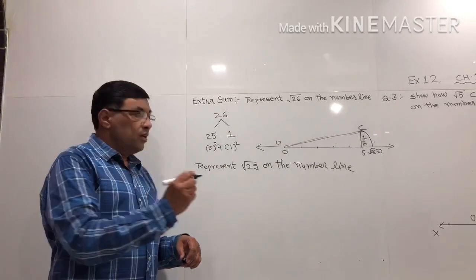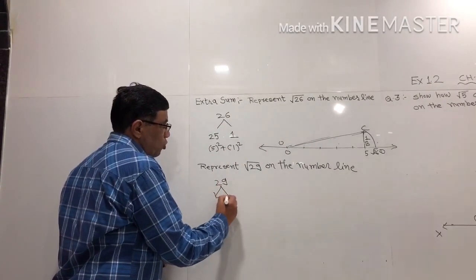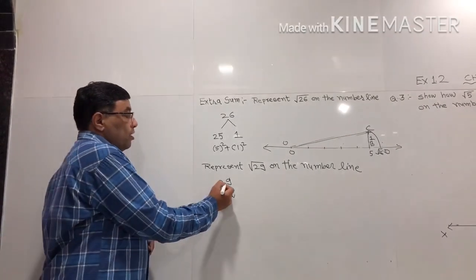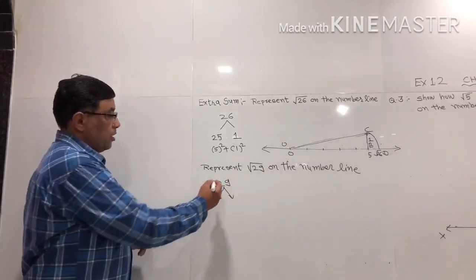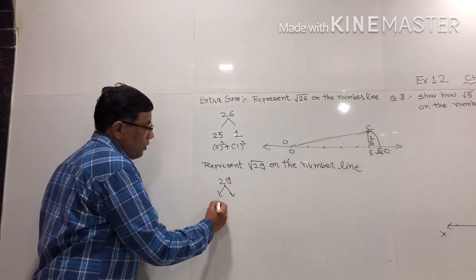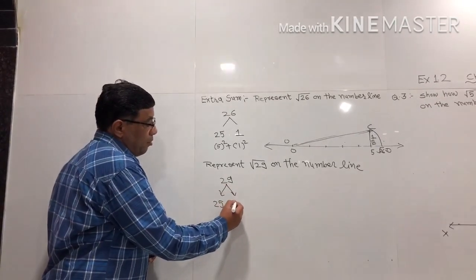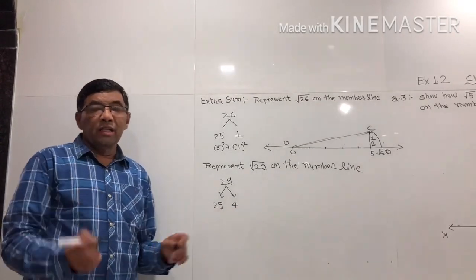Alright. See, 29 we have to divide into two parts. So one part is less than 29 and a perfect square nearer to 29, which is 25, and the remaining number is 4. 25 plus 4 is equal to 29.